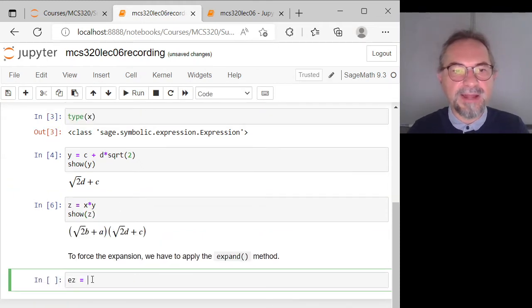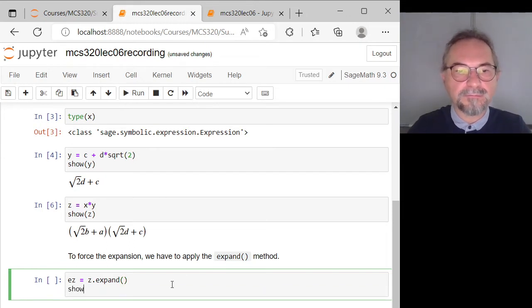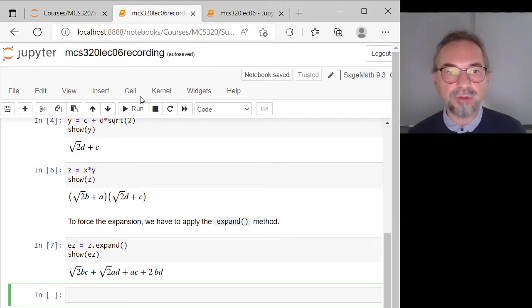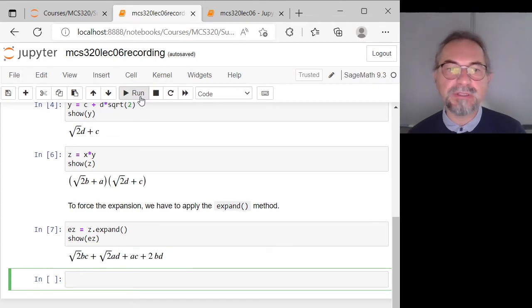And my expanded expression, I call it easy. It's actually not easier. Although you see that it did one simplification: the square root of 2 multiplied with the square root of 2 is 2. So there's already one simplification that actually happens.